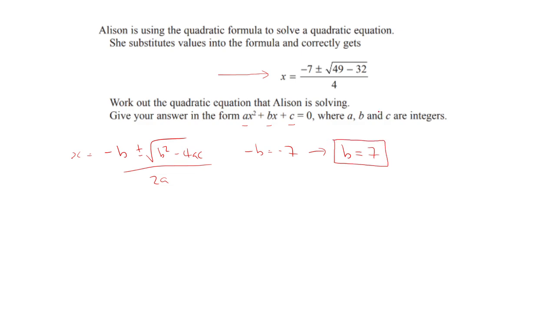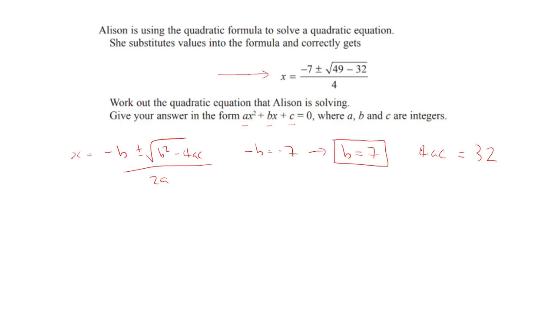Okay, and we can check that's correct because that 49 over there, that would be b squared, and 7 squared is 49, so we know we're correct. Now minus 32, so that would be minus 4ac, so we now know that 4ac would be equal to 32.